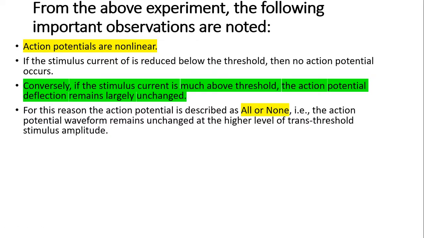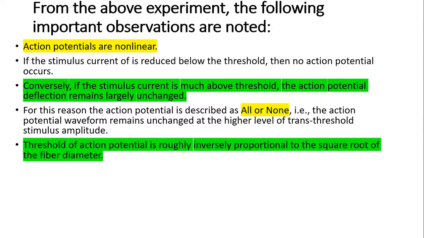So irrespective of the current, once it crosses the threshold, there must be an action potential. The threshold of the action potential is roughly inversely proportional to the square root of the fiber diameter. So if you are considering muscle fibers, the threshold is inversely proportional to the square root of the fiber diameter.